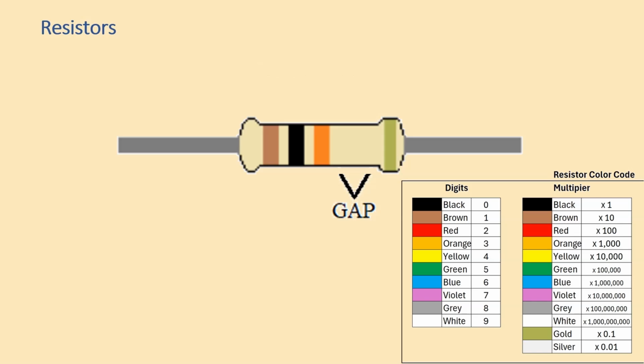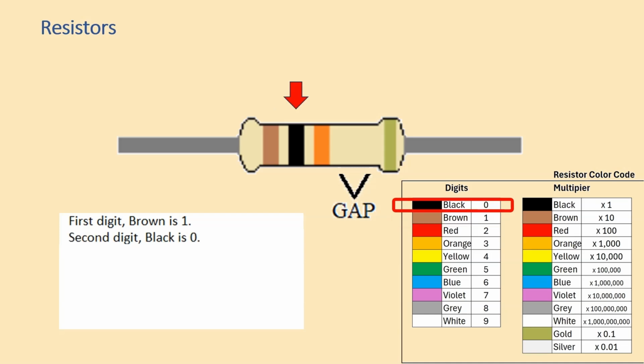So let's do that. Beginning at the left with this first band for the resistance value, the band is brown, and the first few of these bands are for the digits. So we look at the chart for the resistance color code, and we see the digit for brown is 1. Then we look to the next band.